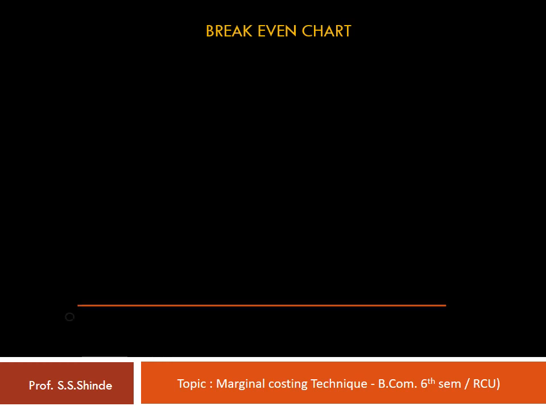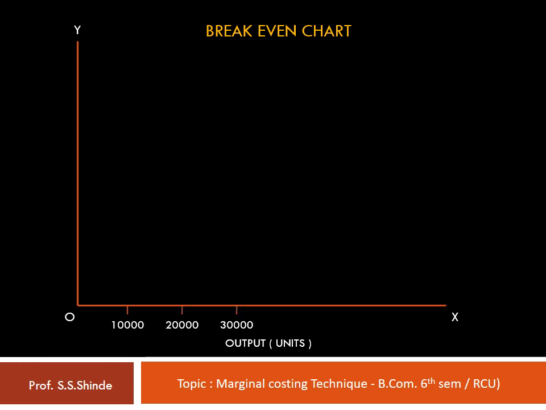So we draw the OX axis horizontally and the OY axis vertically. On the OX axis, let's plot the output in terms of units, that is 10,000 units, 20,000, 30,000, 40,000, 50,000 and 60,000.